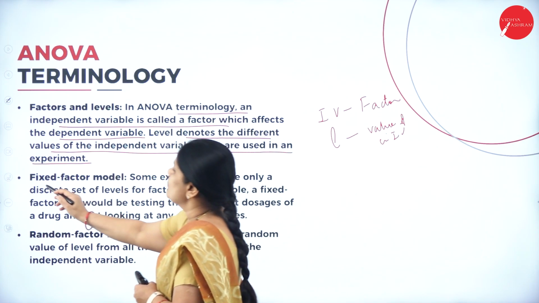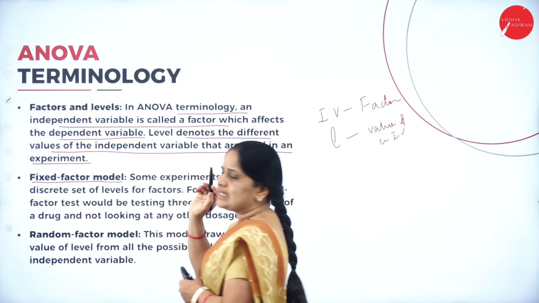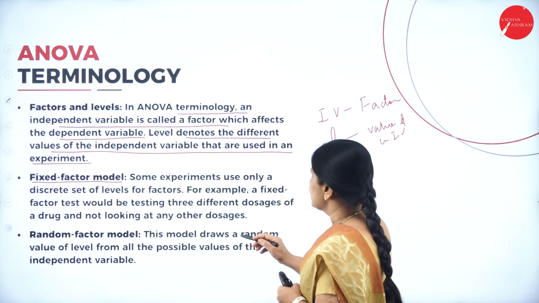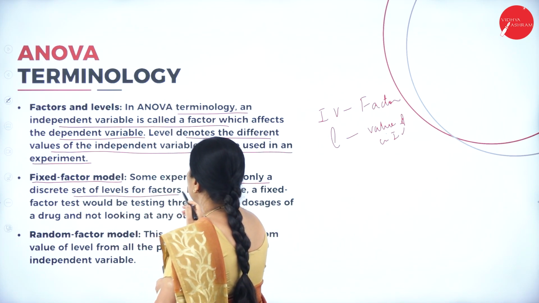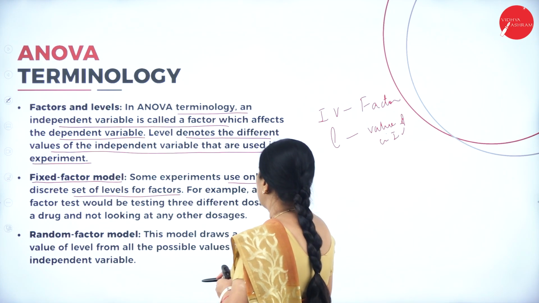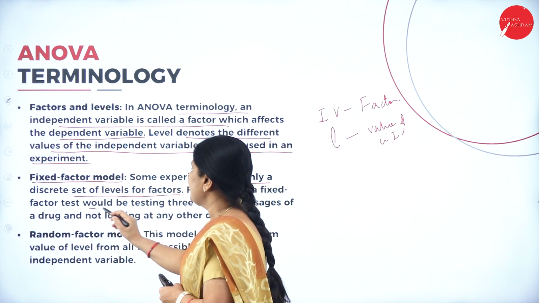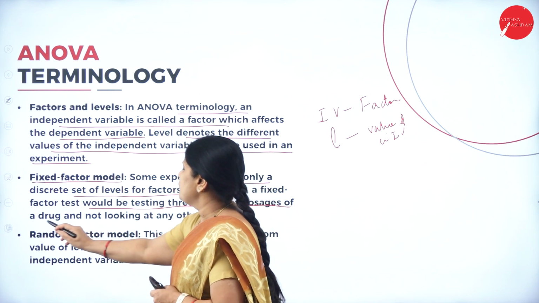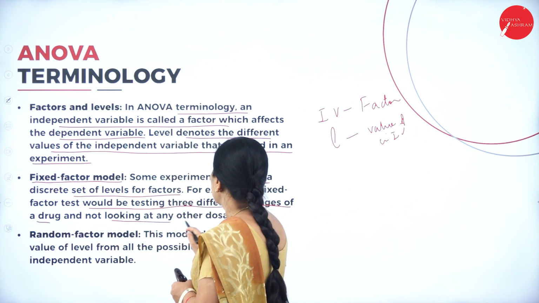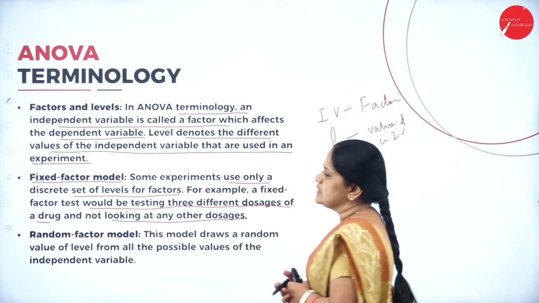Now, the next one is the fixed factor model. Some experiments use only a discrete set of levels for factors. For example, a fixed factor test would be testing 3 different dosages of a drug and not looking at any other dosages.